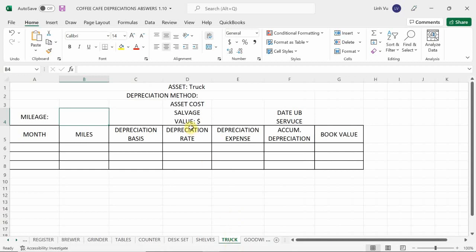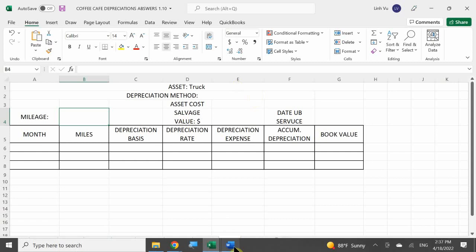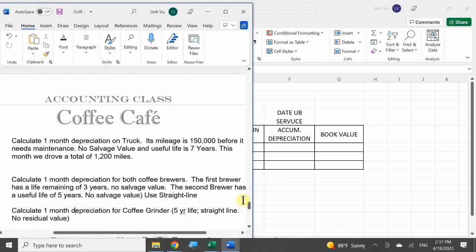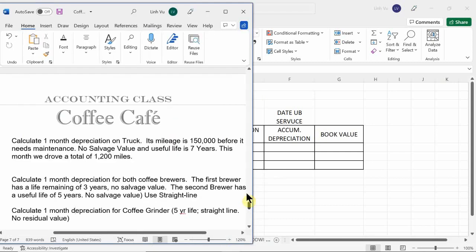Now, which depreciation method am I going to be using, if the given context is that the mileage is 150,000 miles and I drove 1,200 miles this month? Which depreciation method will I be using to calculate the depreciation for the truck?